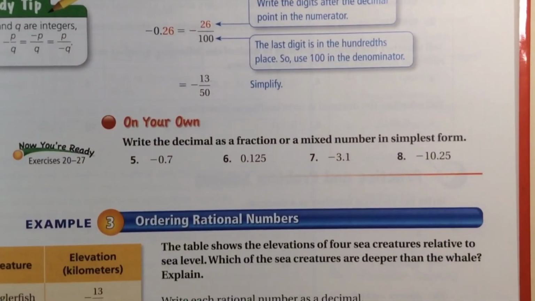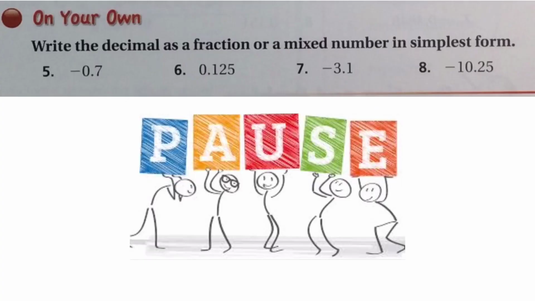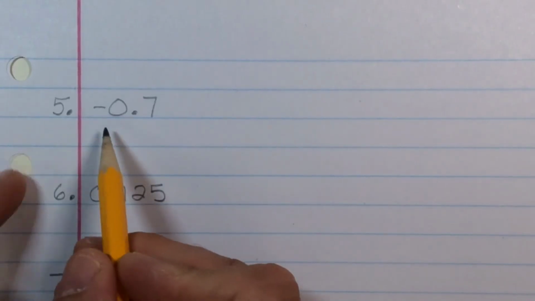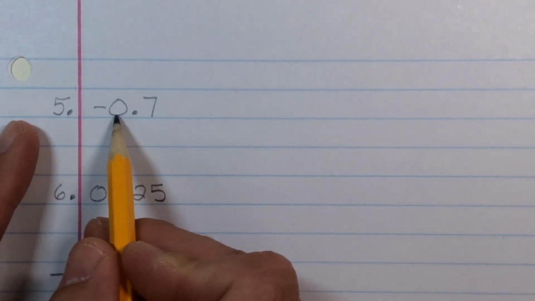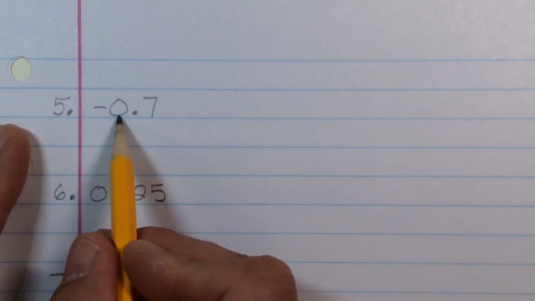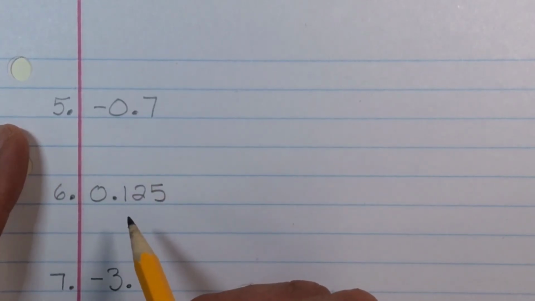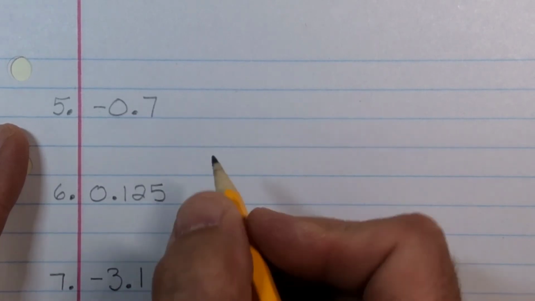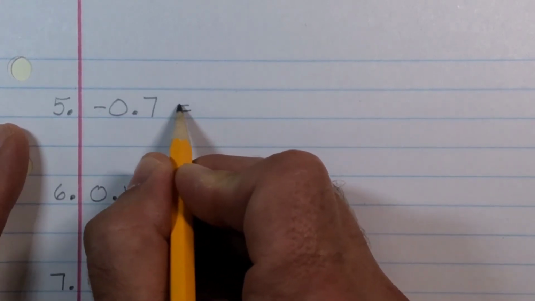Let's try some of these on our own. Okay, so this first one, negative 0.7 is how most people would say that, but we're supposed to say negative 0 and 7/10, which makes it super easy to write, but they're not much harder to write if you don't know how to say them.